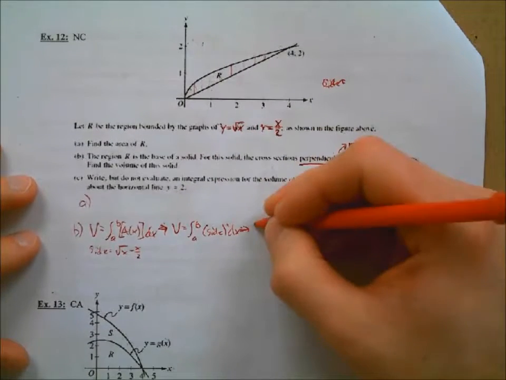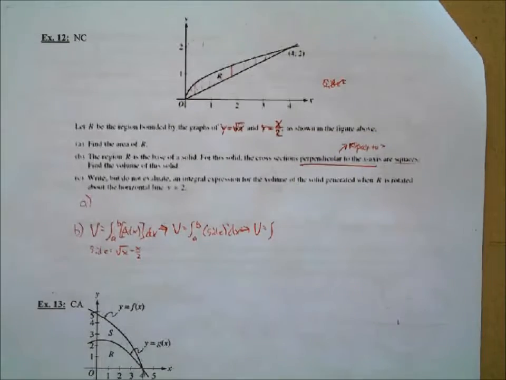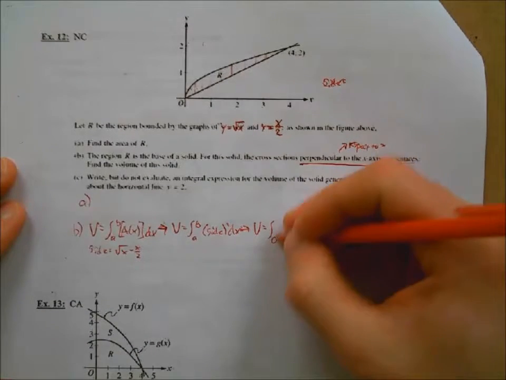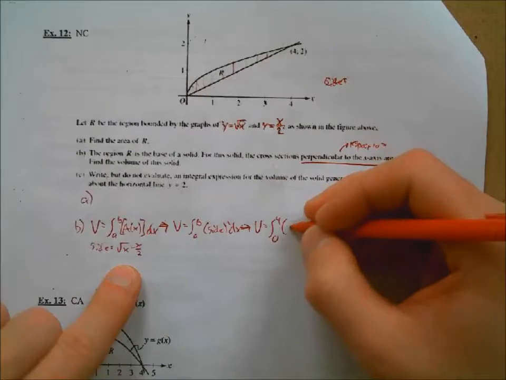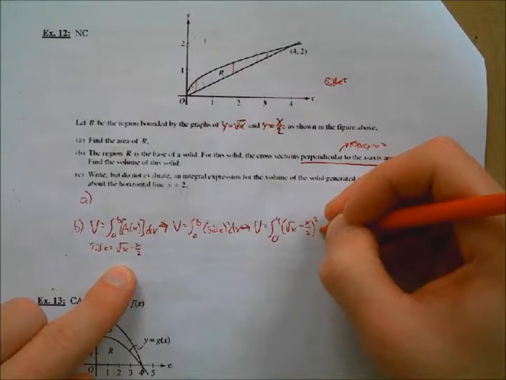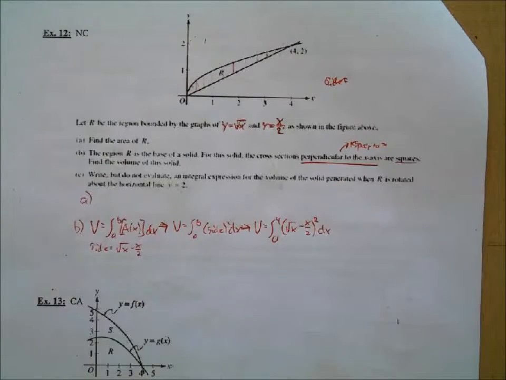What are our limits of integration? From 0 to 4. And the side is going to be root x minus x over 2, quantity squared. So there's our setup.